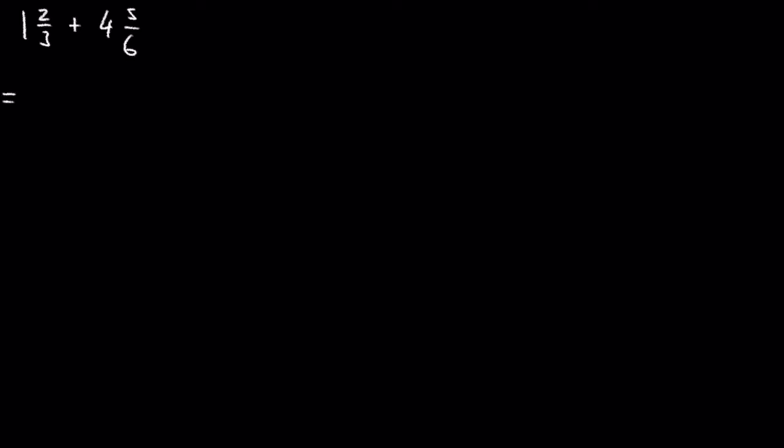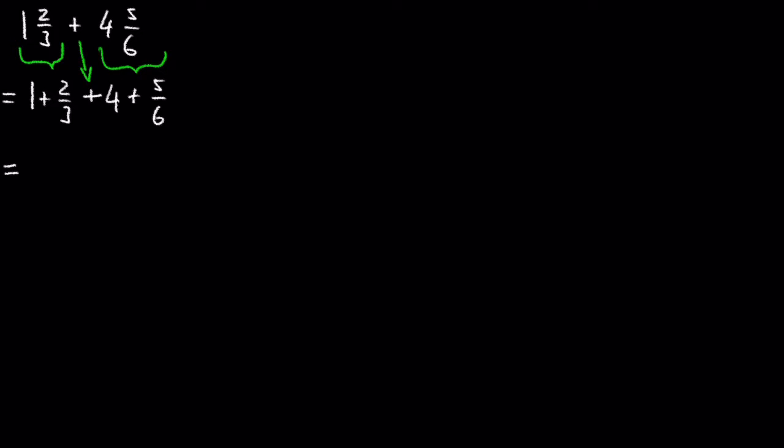The first thing we need to know is that these mixed numbers can also be written as 1 plus 2/3 and 4 plus 5/6. Another thing we must know is that when we have addition, the order of the numbers does not change the sum.